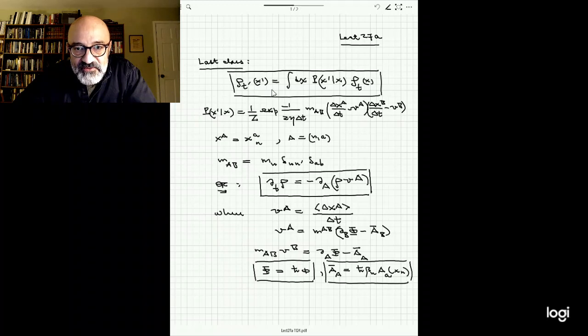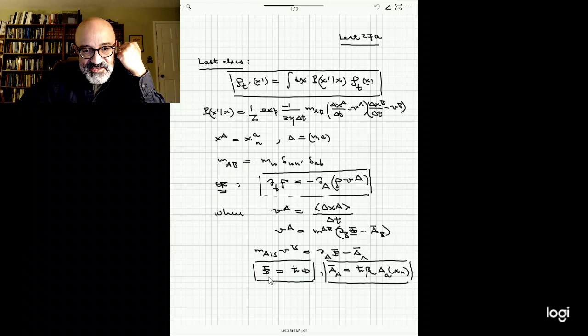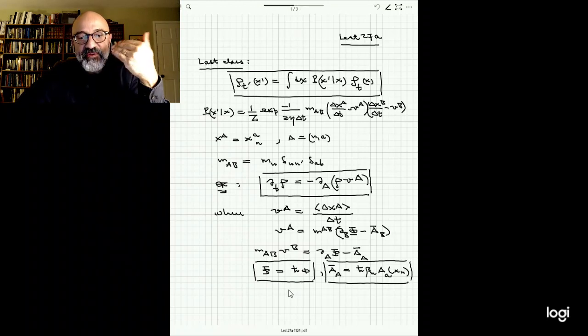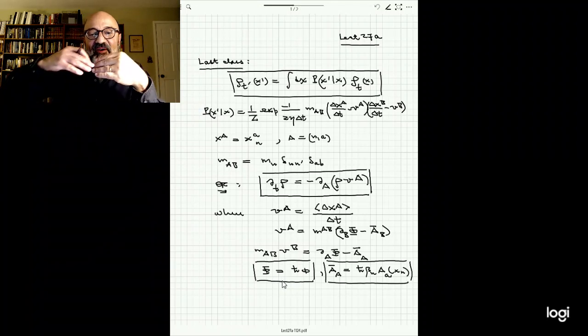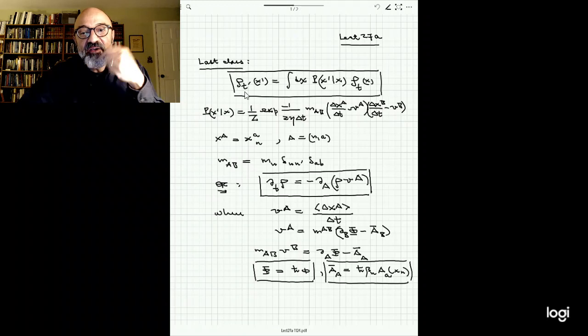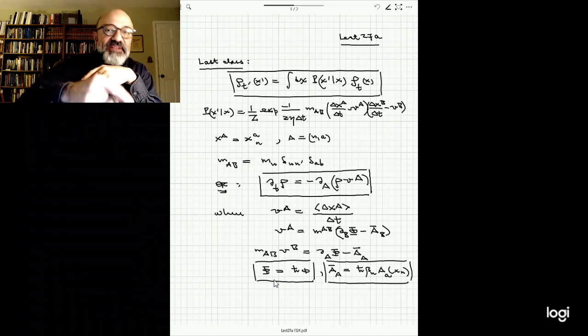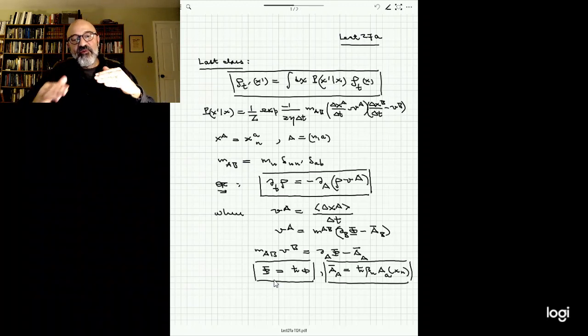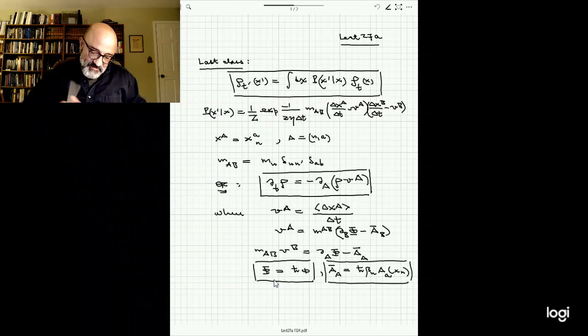If I want to have a fully dynamical theory also for these potentials, what I would like to be able to do is say, look, once phi tells rho how to evolve to the next instant, I would like rho to tell phi how to itself evolve to the next instant. In this way, we make phi dynamical.